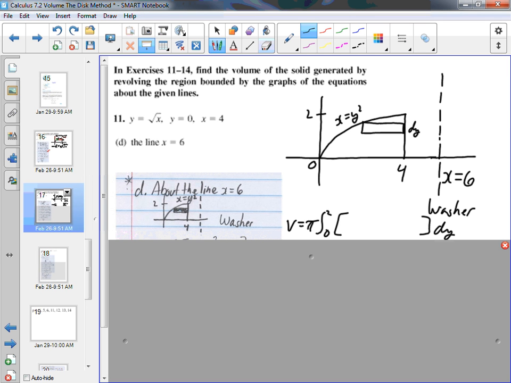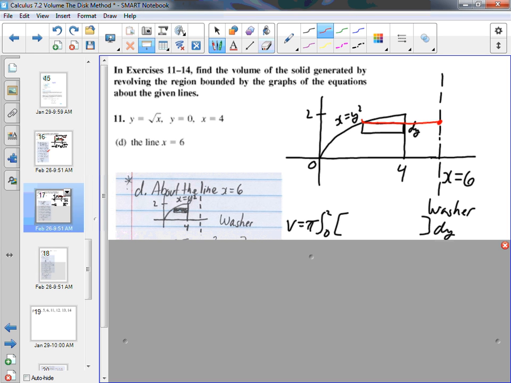Now, outer radius squared minus inner radius squared. Outer radius. The radius starts at the axis of revolution. The outer radius then goes all the way to the far edge of that rectangle. Since our axis of revolution is not the x-axis, not the y-axis, that's when we tend to have to subtract to find the length of a radius.